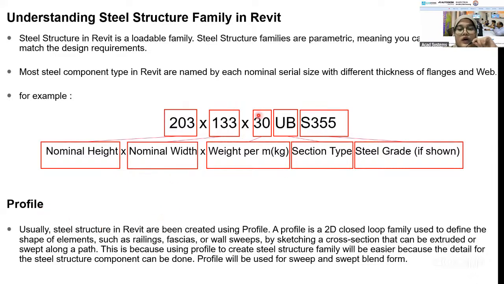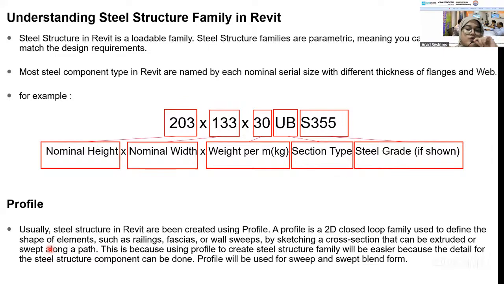Right. So usually, if you create a steel structure family, a beam or a column, you will use a profile. So why do we create a profile for our steel structure? Because a profile is a 2D closed loop family used to define the shape of an element, so you can define your element in more detail.